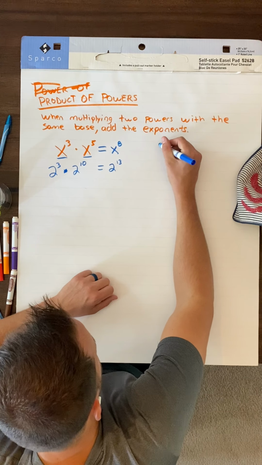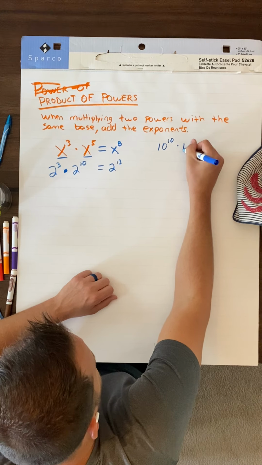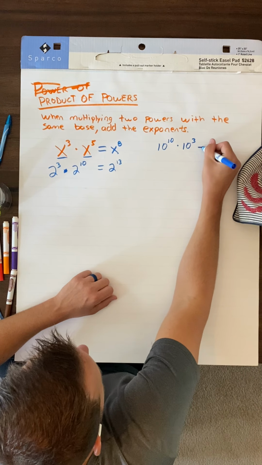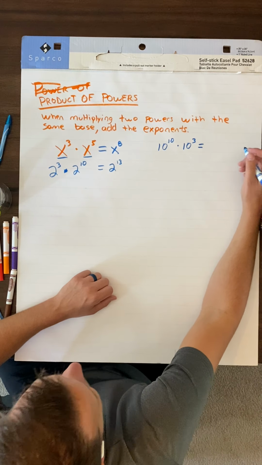Another example. 10 to the 10th power times 10 to the 3rd power. What's that going to equal? Good. 10 plus 3 is 13. So it's 10 to the 13th power. 5 to the 5th times 5 to the 5th. 5 plus 5 is 10, so that's 5 to the 10th power.